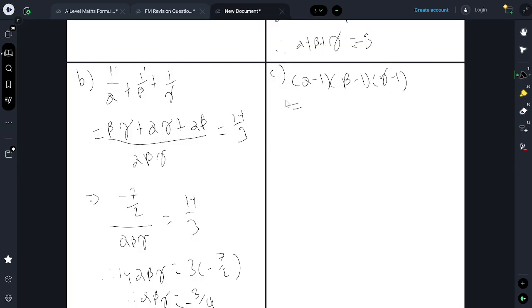So that'd be alpha beta, which is a good sign, minus alpha minus beta plus 1, times by gamma minus 1.